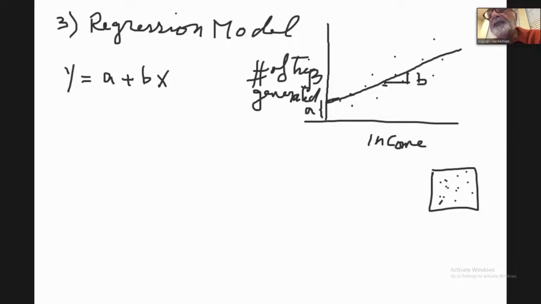That gives me the number of trips increasing as income goes up, and this will be the model. So your X is income and Y is the number of trips.